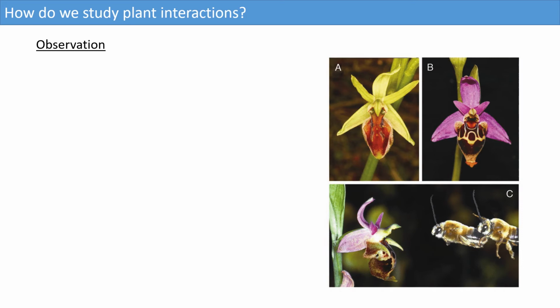It doesn't work out, and they fly on to the next flower, or hopefully for them, a potential mate. This is obviously beneficial for the orchid flower that is going to get pollinated, but it is not beneficial for the male insects that are losing energy every time they're trying to mate with these false partners.